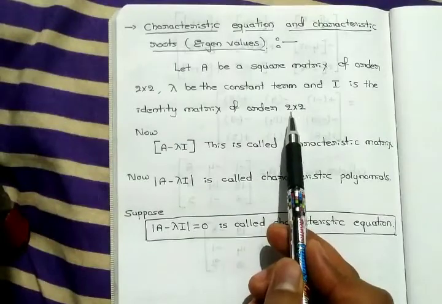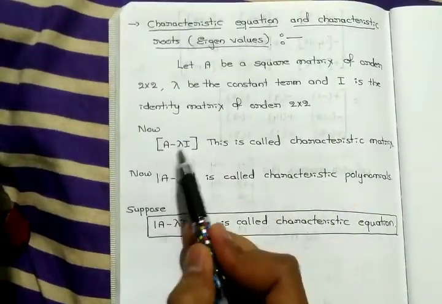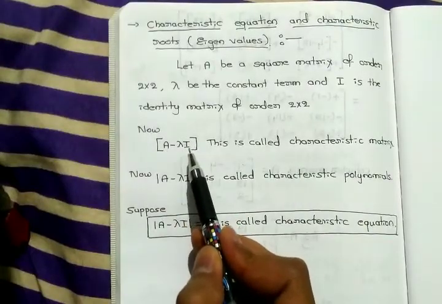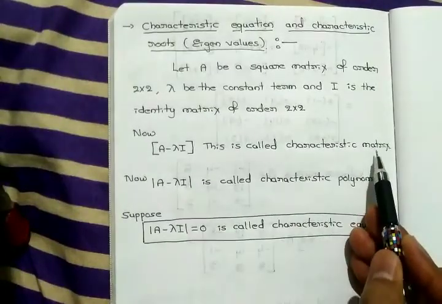Same order means 2 cross 2. Then the matrix A minus lambda I is called the characteristic matrix.